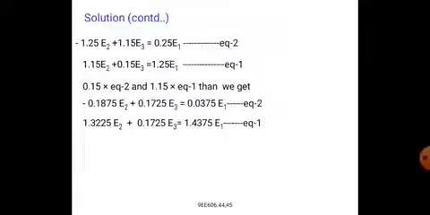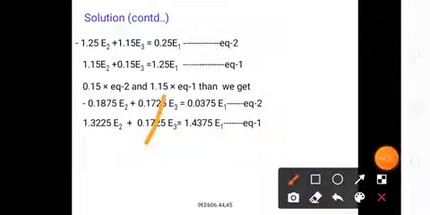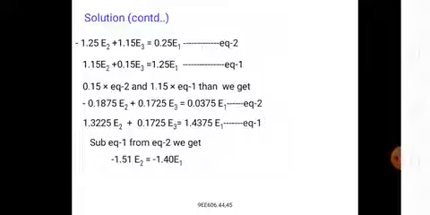Solving these, E3 will be cancelled, and we get minus 1.51 E2 equal to minus 1.40 E1.